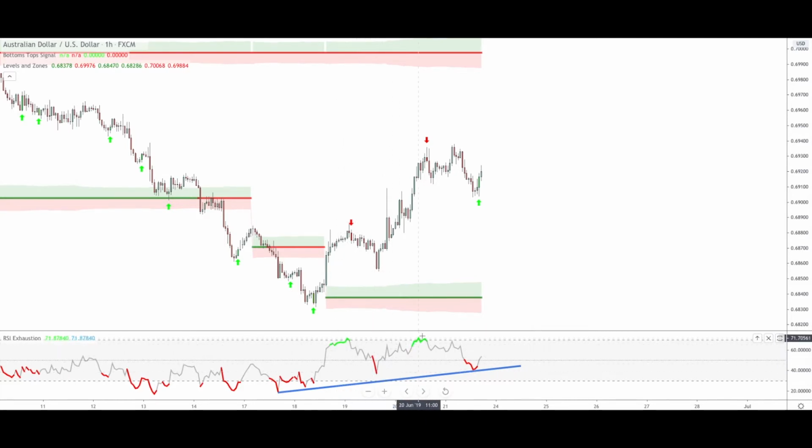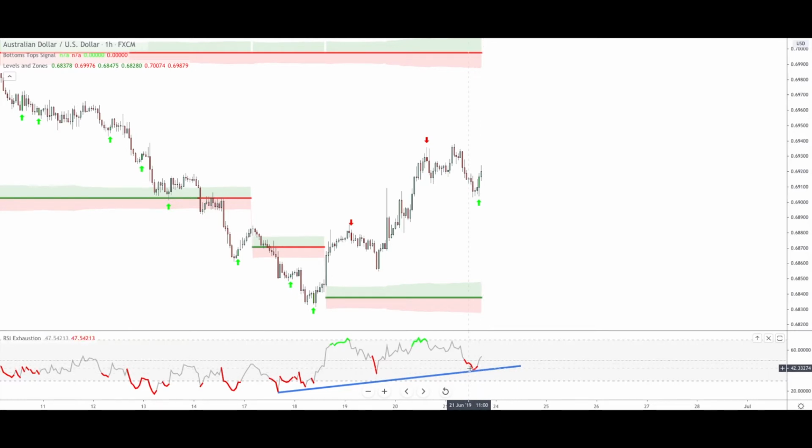Of course, in this case we had another run up and another run down, but our trade could have started here, but we are getting the signal here, so we just take advantage of the situation here.